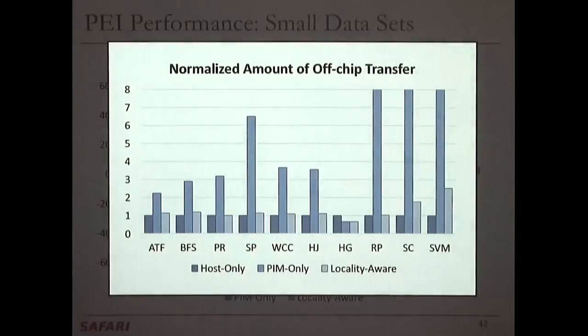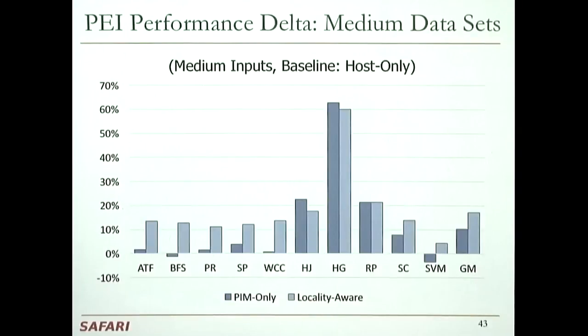And as you can see, if you have small inputs and you send all of the PIM-enabled instructions to be executed on the memory side, you actually increase the memory traffic quite a bit. Because your caching is very effective, right? Just bring it into the cache once and just operate on it, as opposed to going to memory every time. That's the benefit of caching.